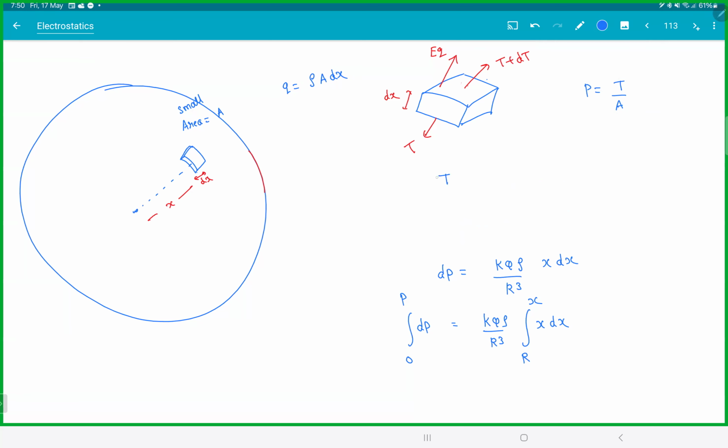So this will be dT is equal to minus EQ. The minus sign indicates that the tension is increasing when you go inside. So dT by area will give you dP.